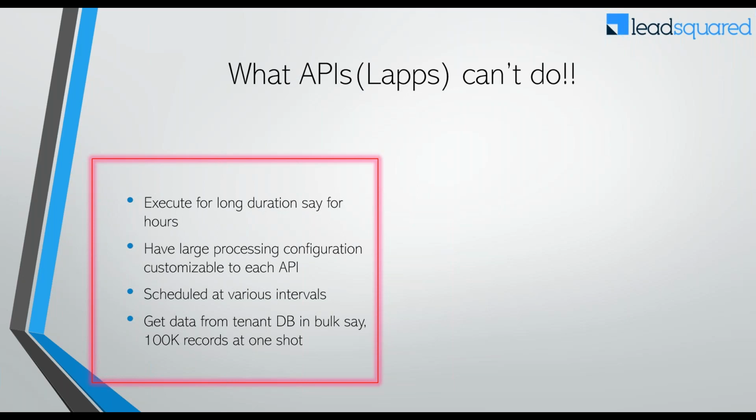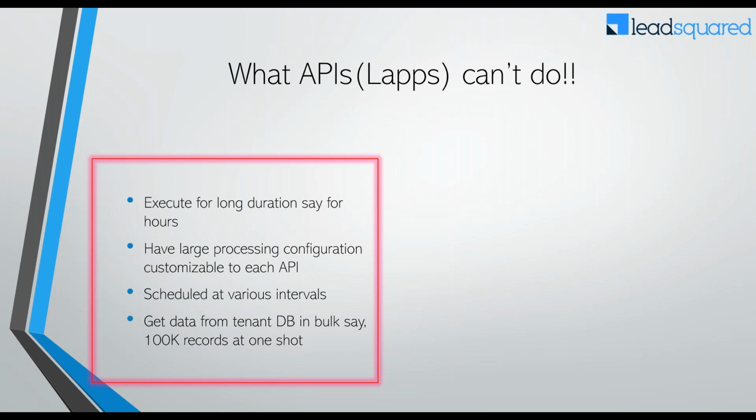And as these APIs are doing quick processing, they don't require heavy, powerful machines or servers to work upon. So they don't get that heavy processing power in case you need it for processing a large amount of data or creating heavy reports. Also, you hook these APIs up with webhooks or something like that, but you cannot schedule them.